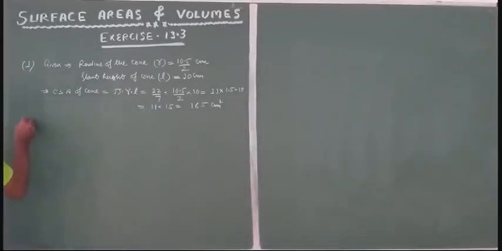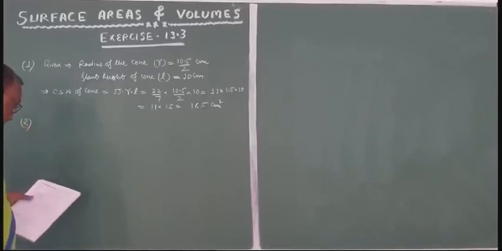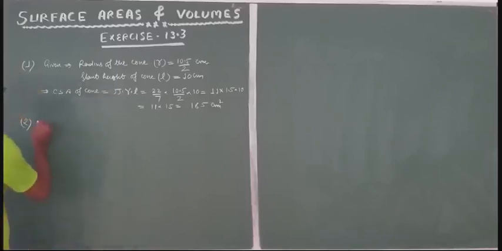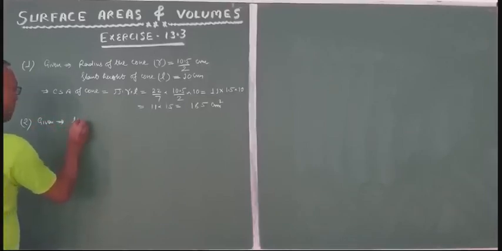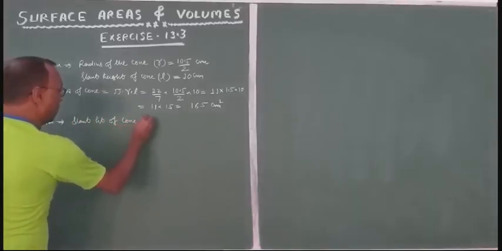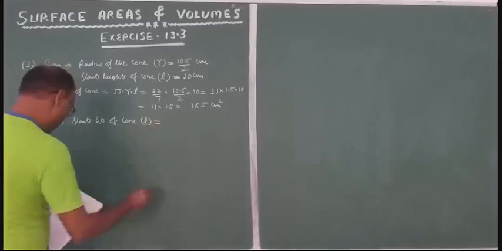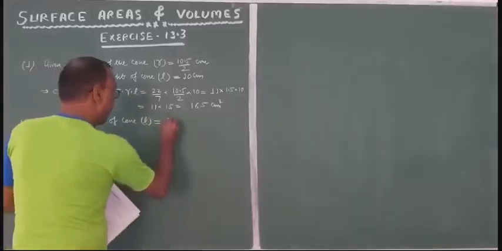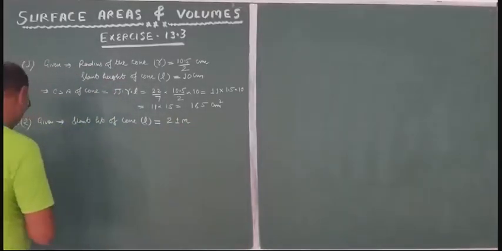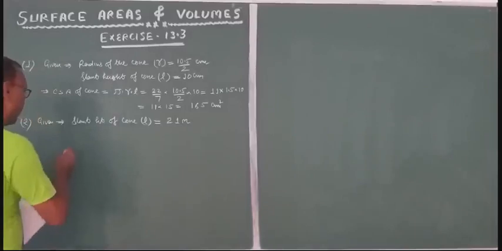Second question is this: find the total surface area of a cone if its slant height is 21 meter and diameter of base is 24 meter. Given slant height of cone, this L is given 21 meter and the diameter of the base is given 24 centimeter.